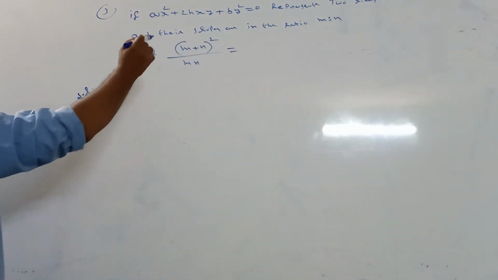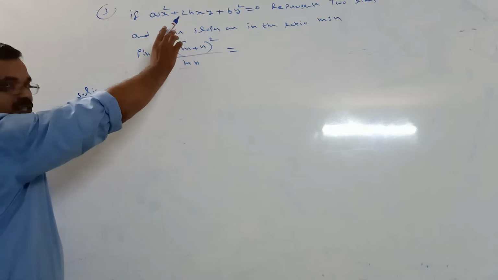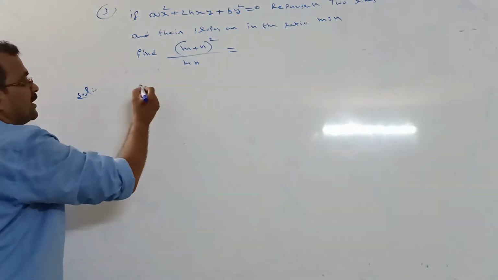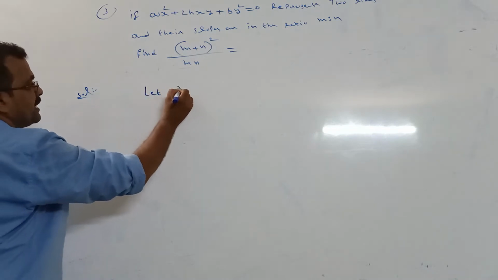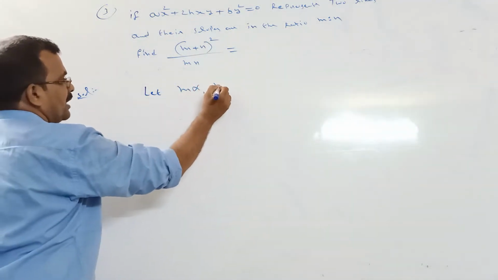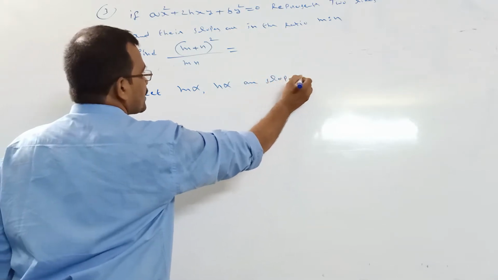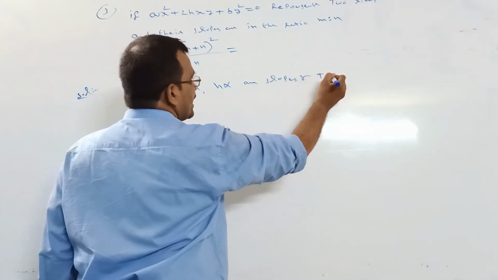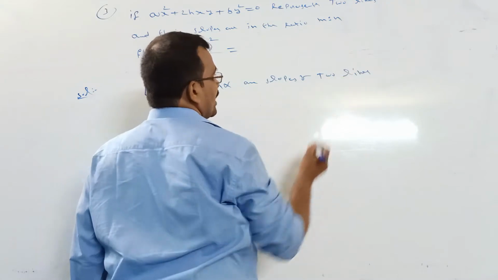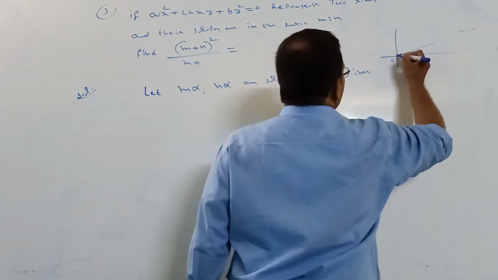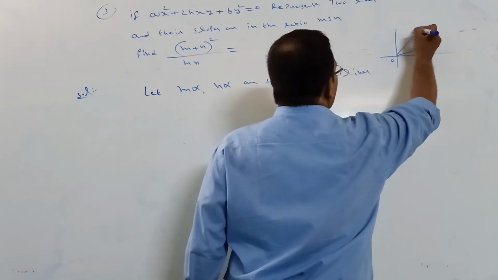See, this equation represents two lines which are passing through origin. Their slopes can take, let m alpha comma n alpha be the slopes of the two lines OA and OB.